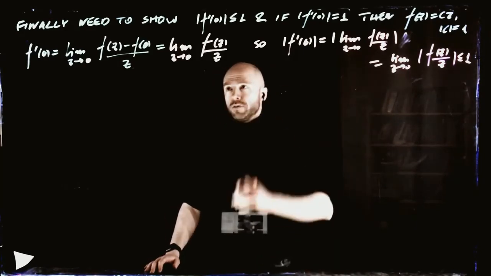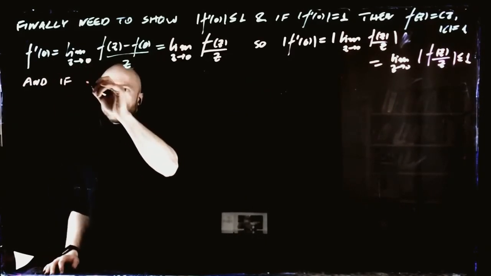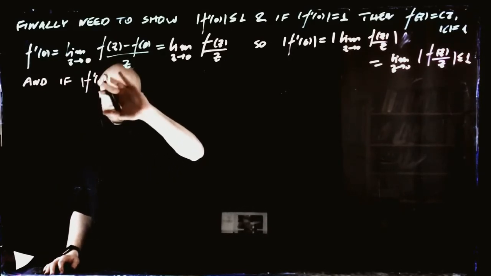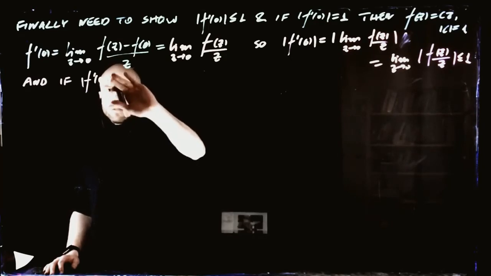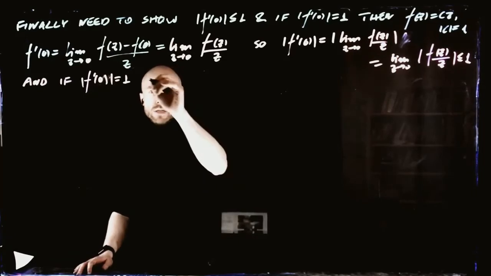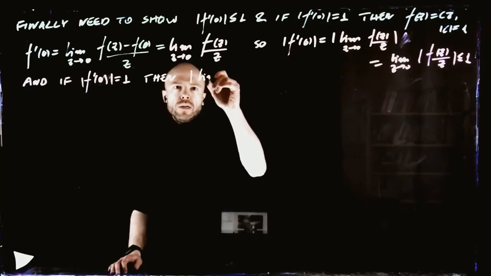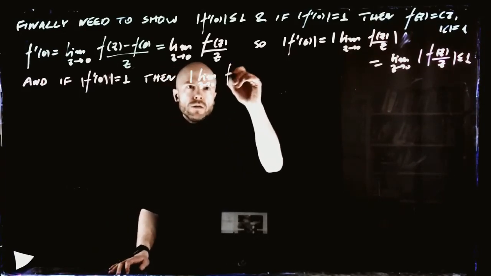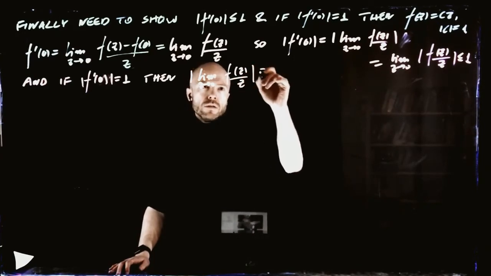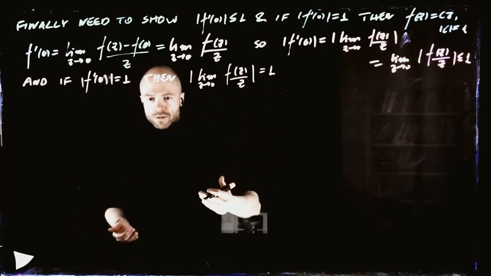Cool. So that's definitely true. And if we have that this thing is equal to 1, then that would mean that the absolute value of the limit as z goes to 0 of f of z over z is equal to 1, right? But f of z over z is a holomorphic function, right?